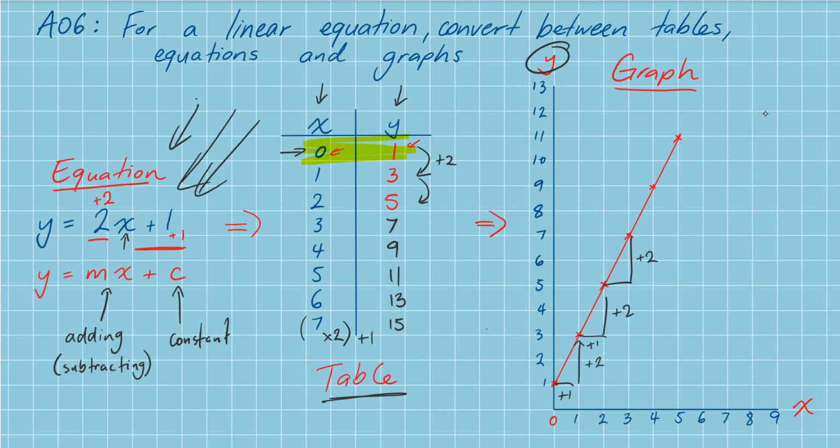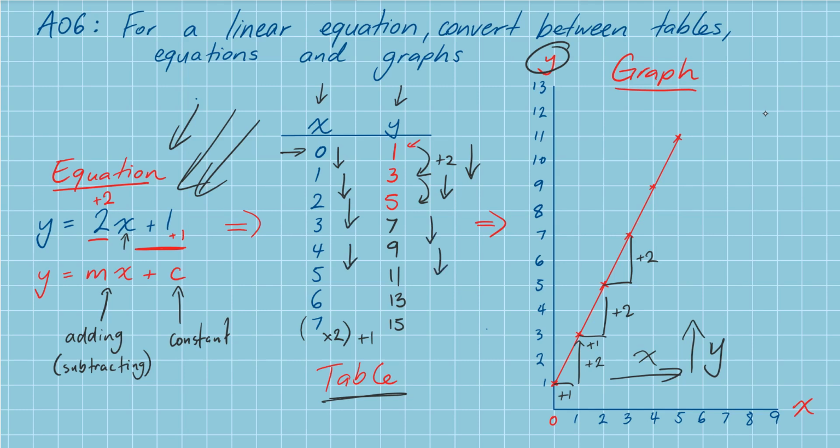That's because as the x value increases by 1, that's x this way, on our table, the y value is increasing by 2 each time. 1 up, 2 up, 1 up, 2 up, etc. So that's the reason there.